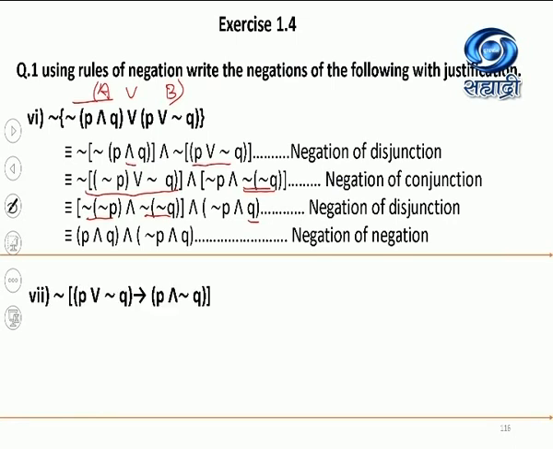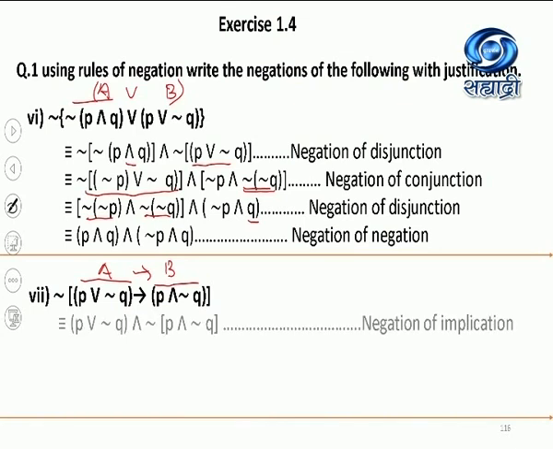Negation of the entire square bracket, in which you can see there are two round brackets, A implies B, where B is this round bracket. So applying the negation of implication, it will be the first bracket and negation of the second bracket. Now the first bracket will be as it is.